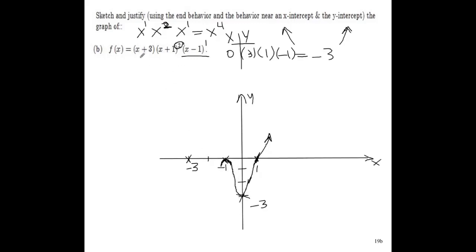And at x is equal to -3, the multiplicity is 1, so at this point it's going to cross, and we know end behaviors are going up, so it's going to bounce back somewhat like this at this point. So the shape of your graph would look like that. You can confirm this by using your graphing calculator.